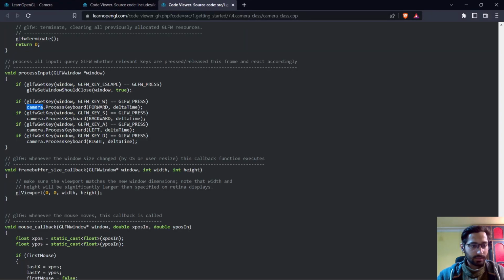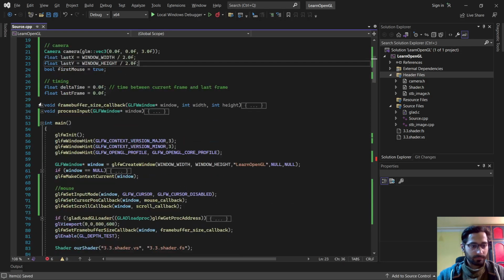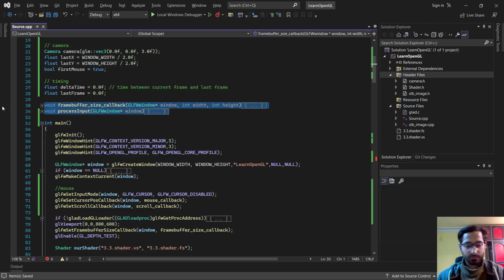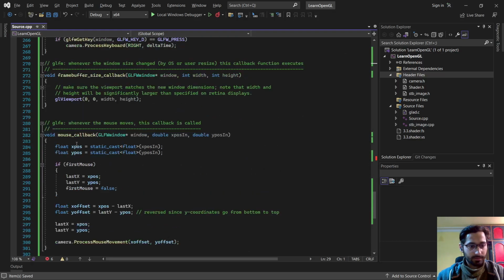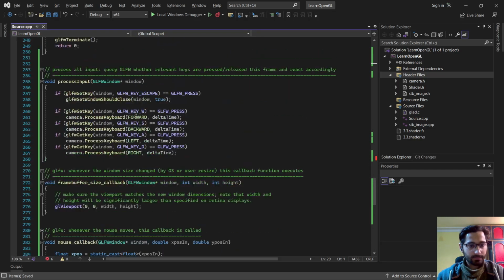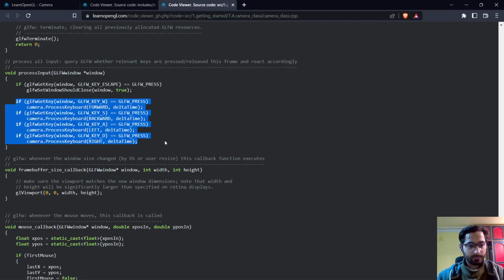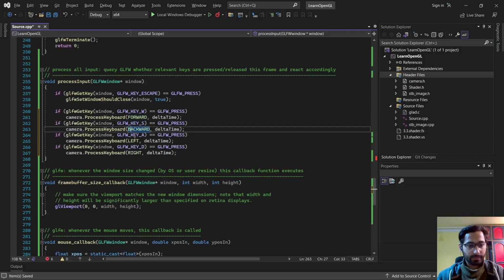Okay, it's doing the camera dot process keyboard and then just giving it the direction and the delta time. Okay, that is better. So I can just delete these. And inside here, like that. Forward, back, left, and right. Yep.